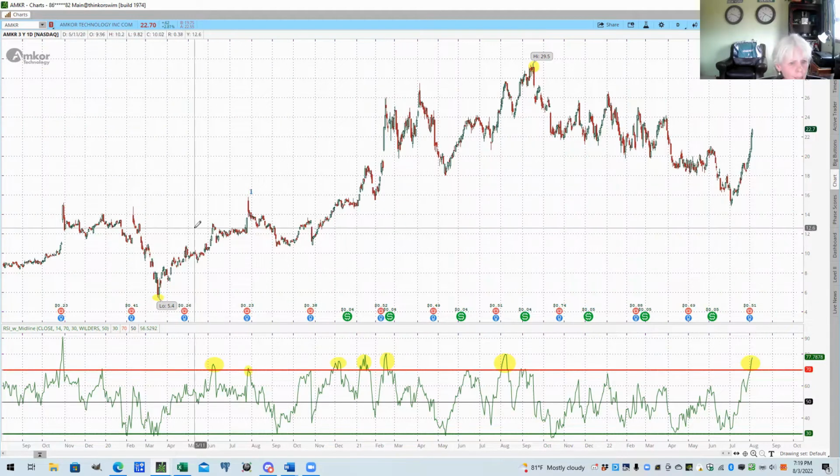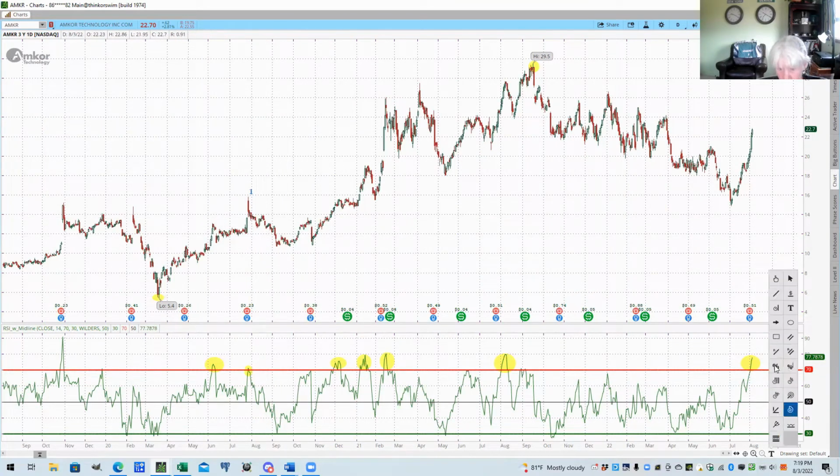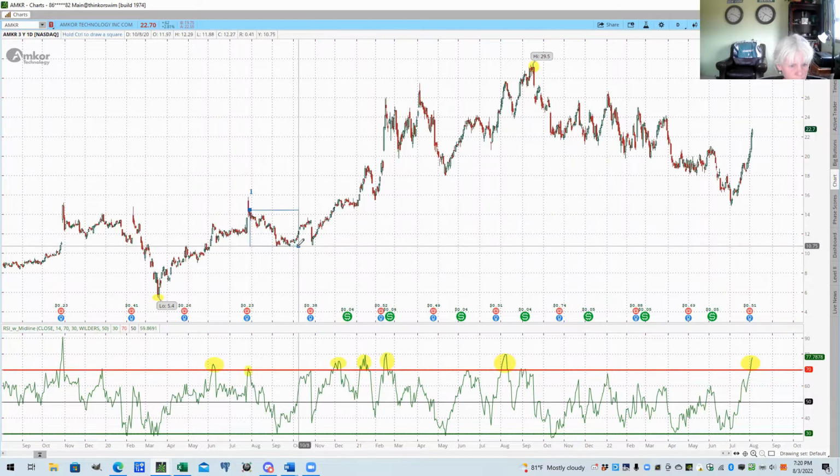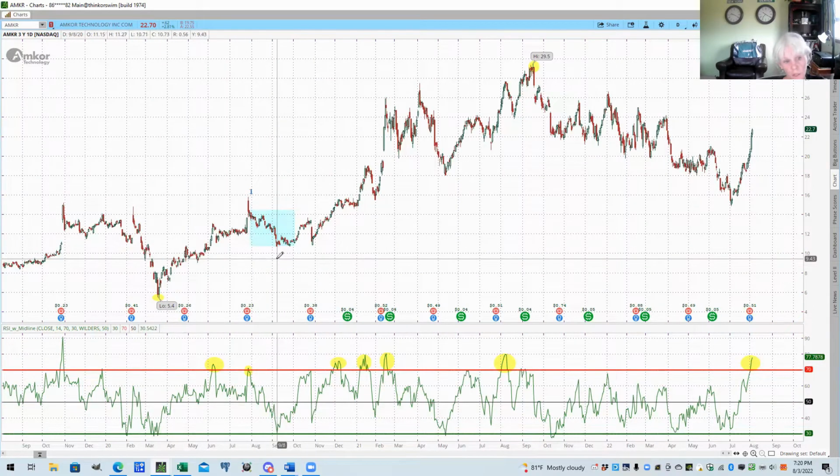You guys see this is kind of down and sideways, mostly down. Just highlight that. This is a correction, and you can see that from here, the RSI goes down. So what's next?